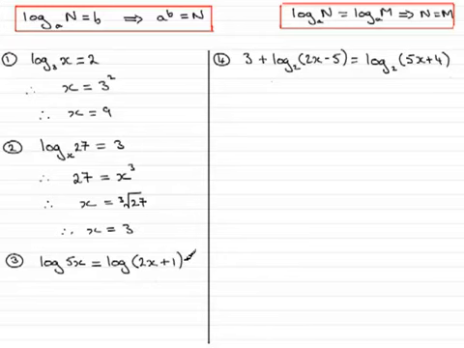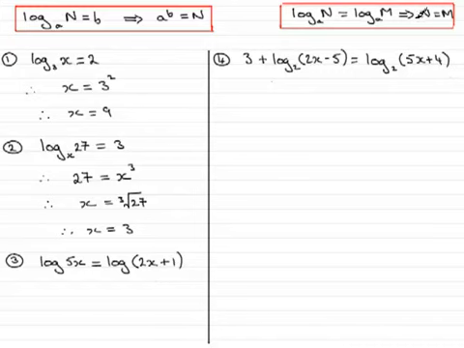Now in example 3, what I've got now is still 2 terms, but in this particular example I have got the log of something equals the log of something else, both in the same base. Remember, this is base 10. By default, if you don't write anything down against the logs, this is understood to be base 10. So what I've got is this particular scenario. The log of one number equals the log of another number.